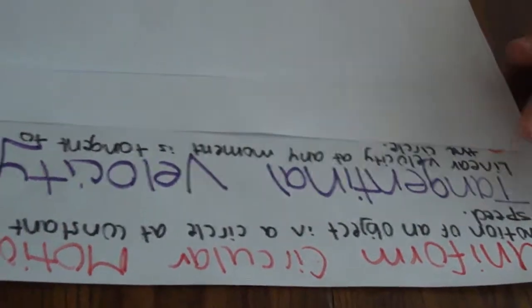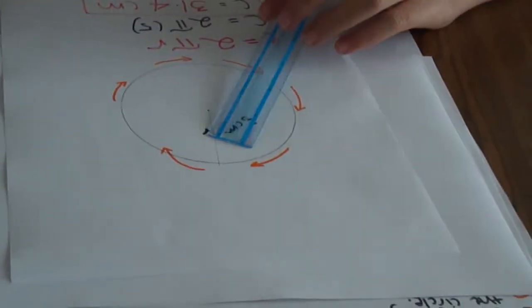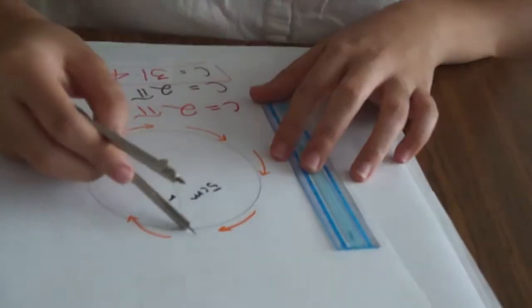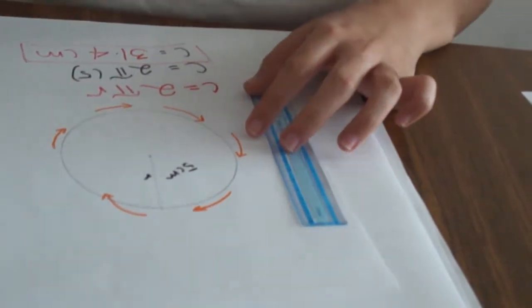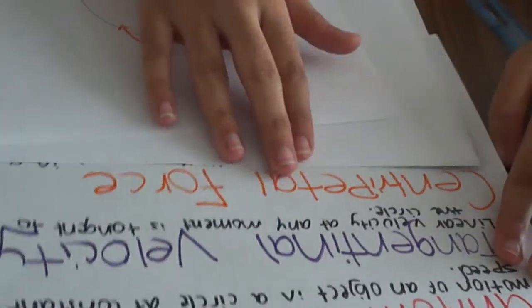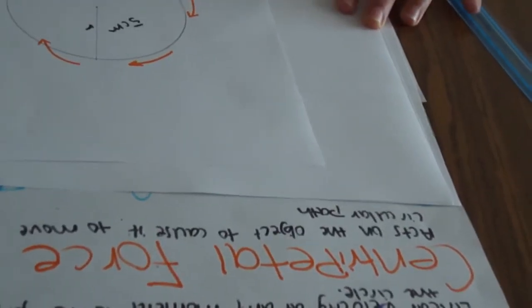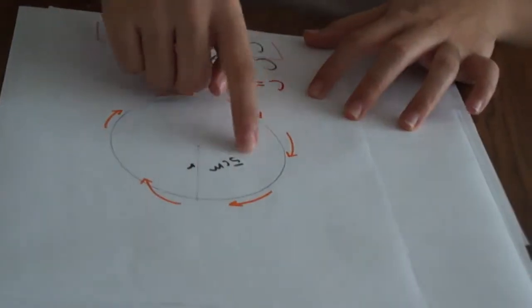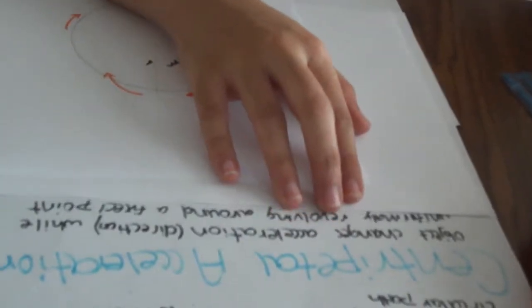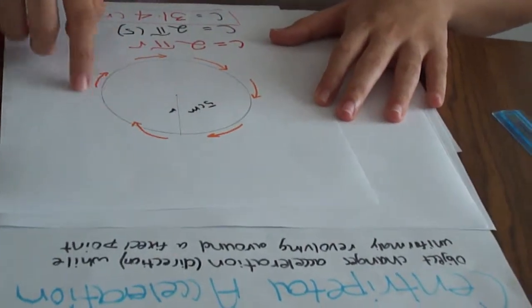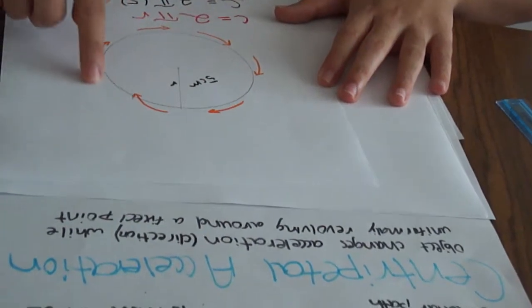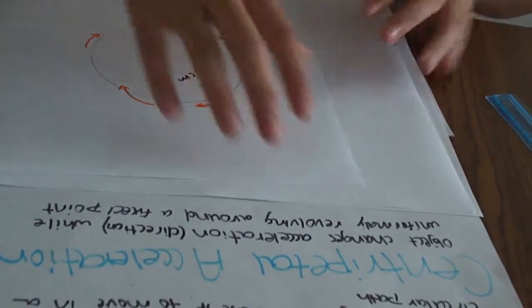Linear velocity at any moment is tangent to the circle. Centripetal force acts on the object to cause it to move in a circular path. Centripetal acceleration. The object changes direction while uniformly revolving around this one fixed point.